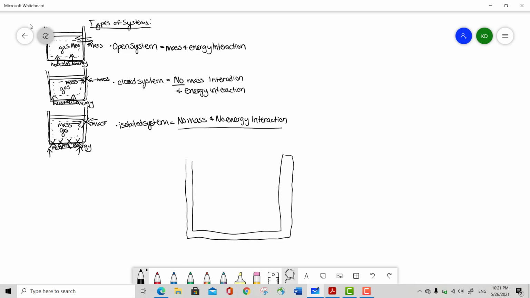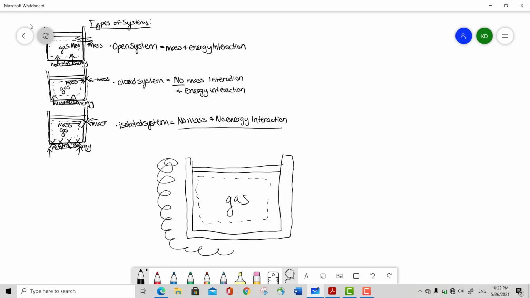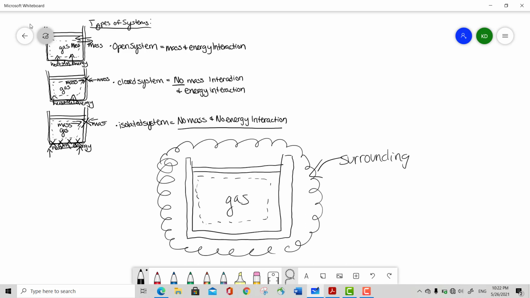Okay. So right here, if you've got a gas right here, you've got surroundings. So this is the surroundings, and this is everything external to the system.